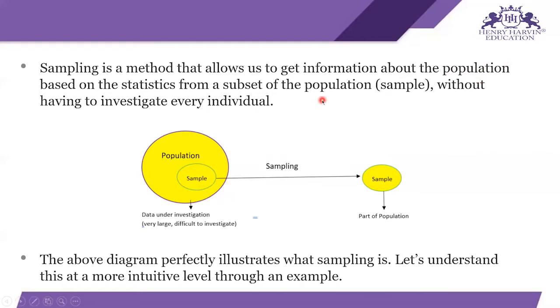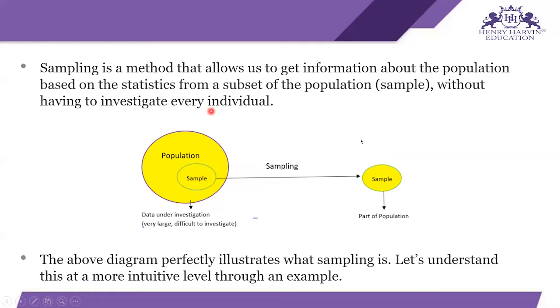When we have to get information about a population, we don't go to the whole population, we just take a small part of it. Let's say if we have millions of people, we just take 100, 200 or 500 people, take their observations and information, and try to figure out what we have to do and get to know about them.